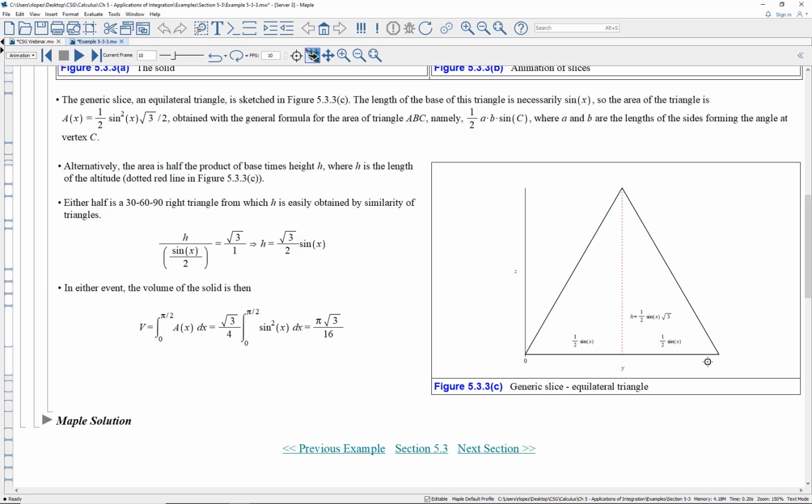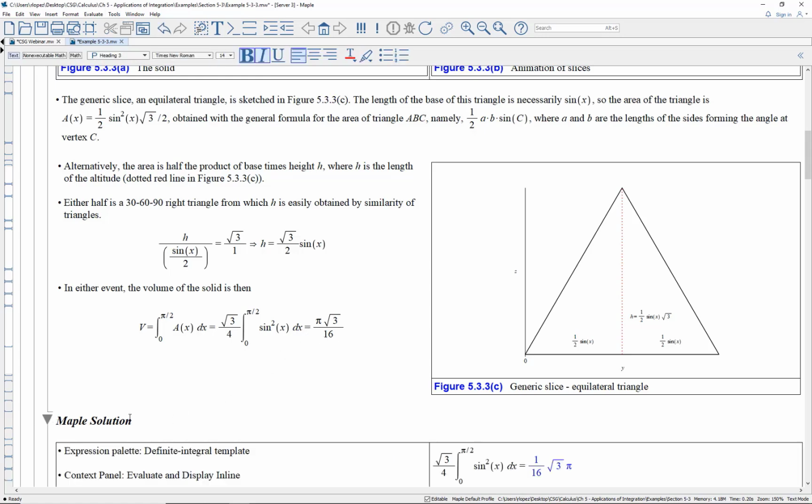So this is a sine x, therefore this is a sine x, and the angle between is 60 degrees, and so the area of this triangle becomes 1/2, AB, they're both sine x's, so sine squared x, and the sine of 60, square root of 3 over 2. That's what you have to integrate from 0 to pi over 2. So you write down that integral, evaluate it, and you get this value for the volume of that solid.